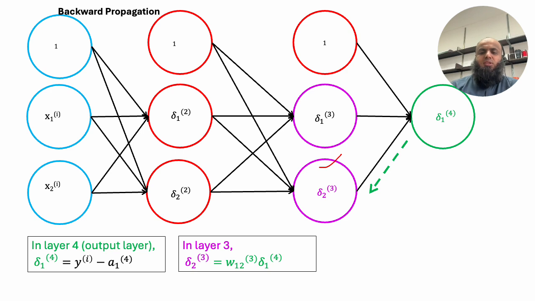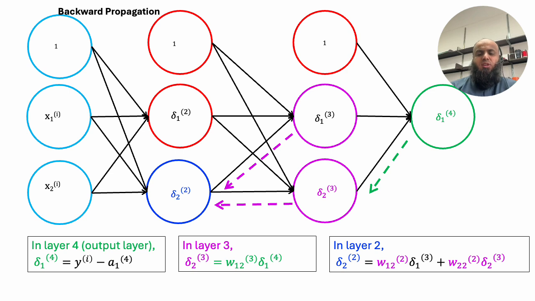We can propagate the error in the backward direction, as shown by the dashed arrow, and we multiply it with the associated weight, W12 superscript 3, which is this weight. This is how we get the error associated with unit 2 in layer number 3.